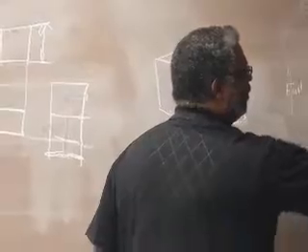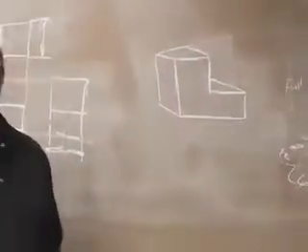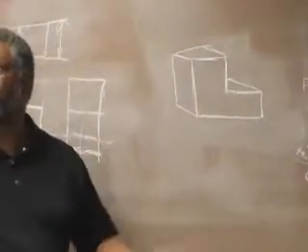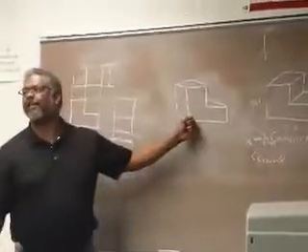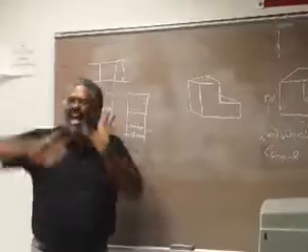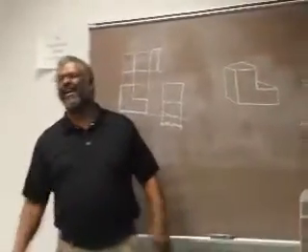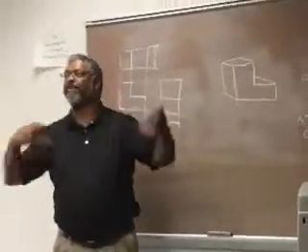So this is more descriptive than that. You always draw a pictorial to show as many features as possible. Hiding features is easier, especially if it's got a lot of features.